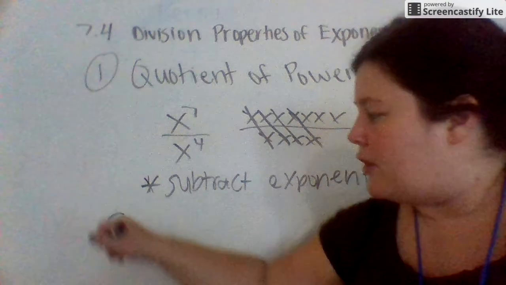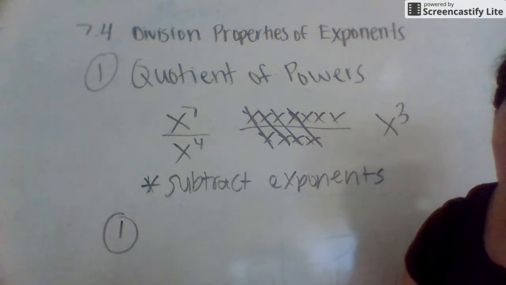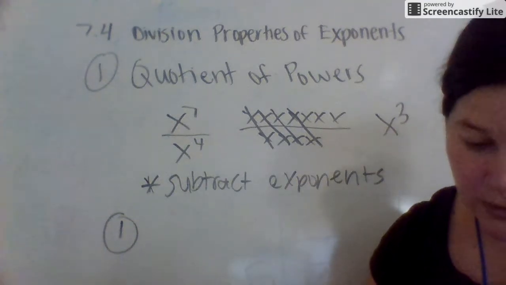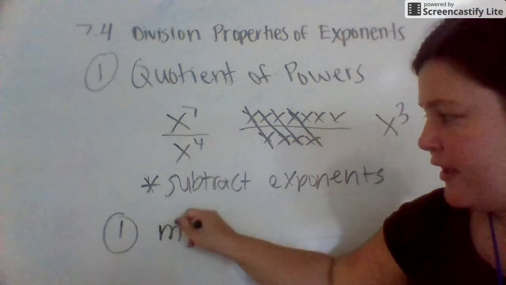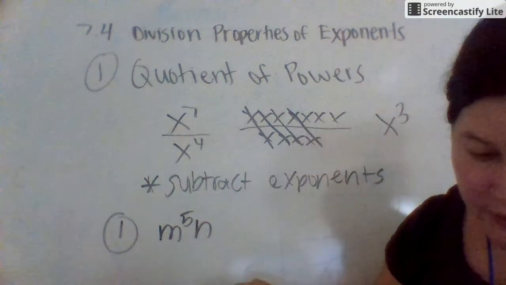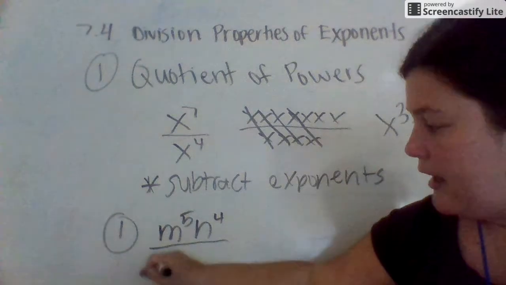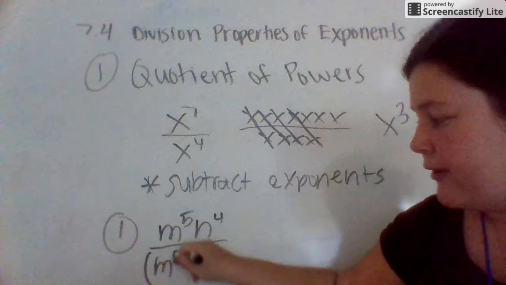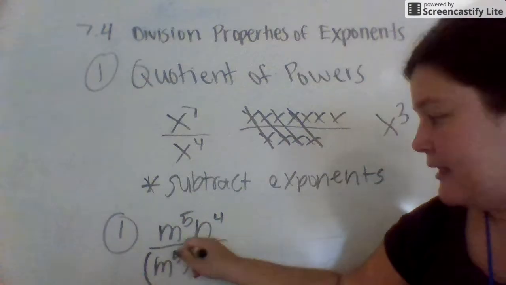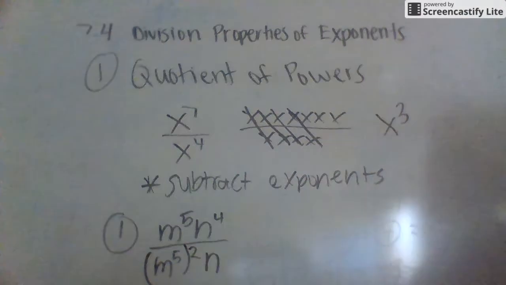We'll do 2. The first one will be m to the 5th, n to the 4th, divided by m to the 5th raised to the 2nd times n.